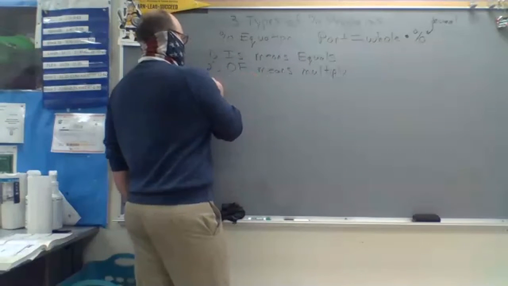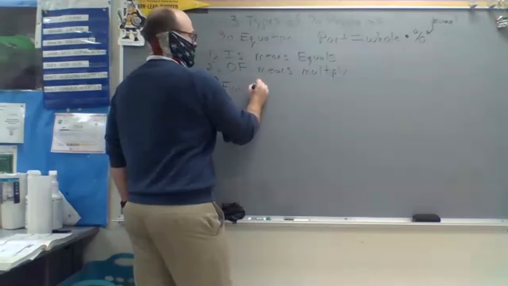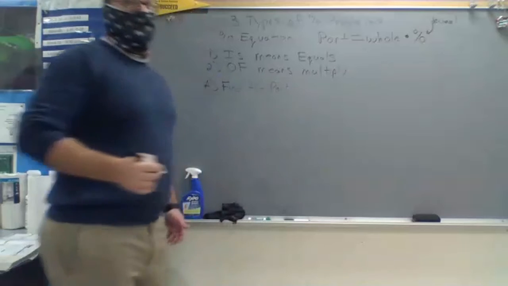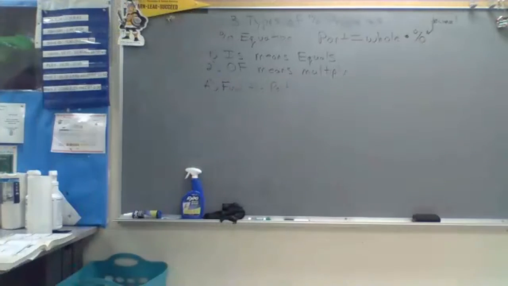So our first one, we're going to find the part. Okay, and these are all going to be set up the exact same way today. They're all going to be pretty much the exact same way. We're going to find the part. Here's our example.